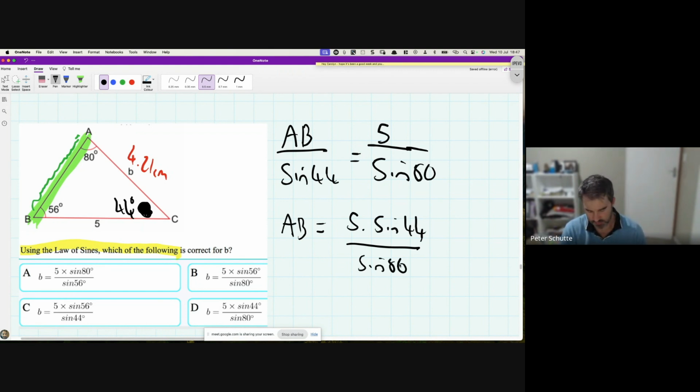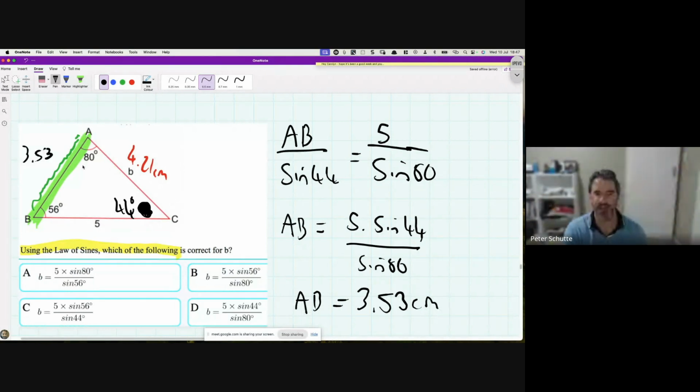So let's see what I get now. Fraction 5 times sine 44, close bracket, over sine of 80, close bracket, equals, and I'm getting 3.53 centimeters.